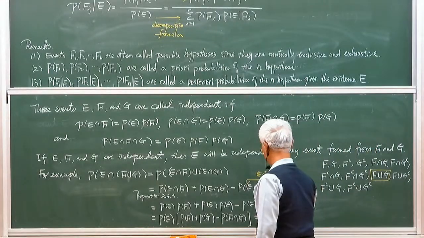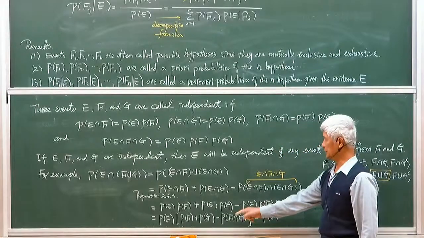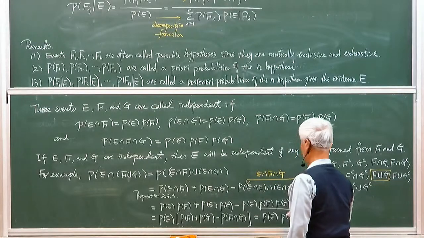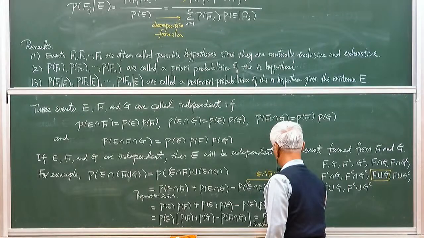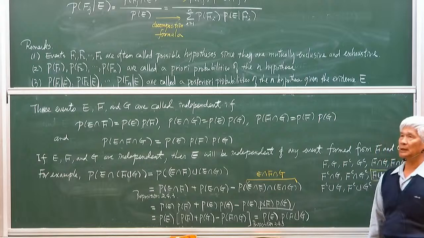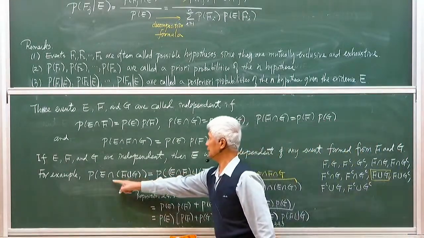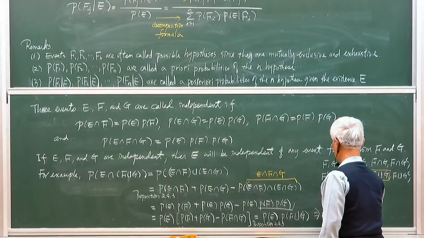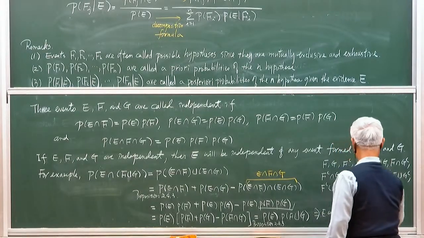And then we know this is exactly the inclusion-exclusion formula of P of F union G. So we can apply Proposition 2.4.3, which is just the simple inclusion-exclusion formula. And so we proved it here. So now this is finalized: E and F union G are independent.